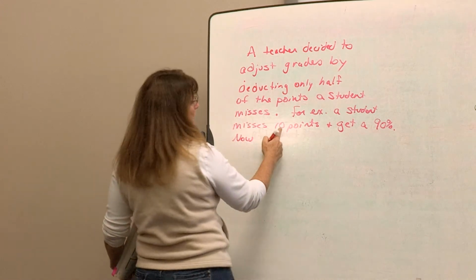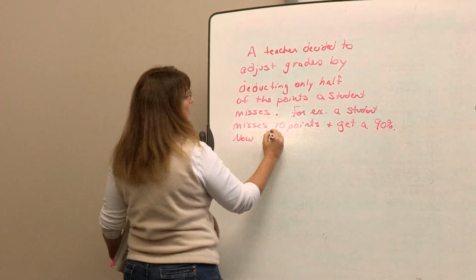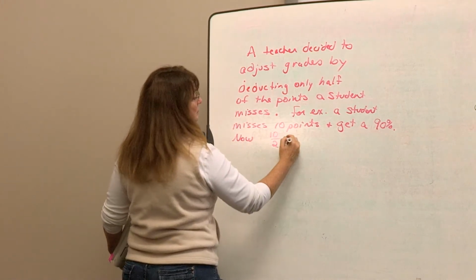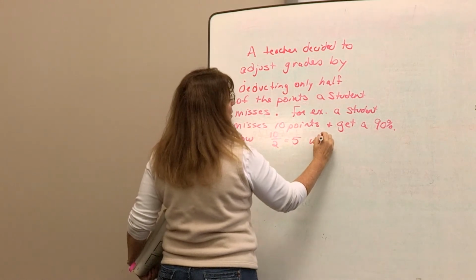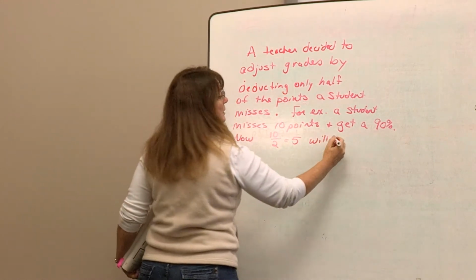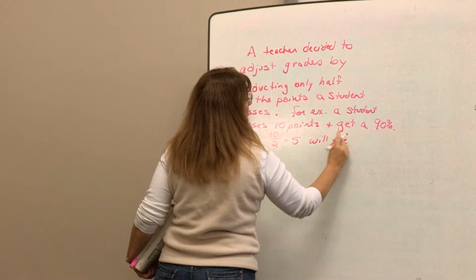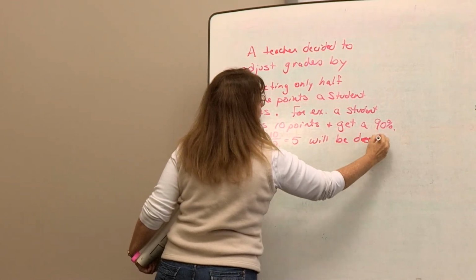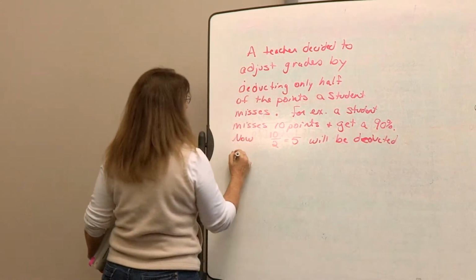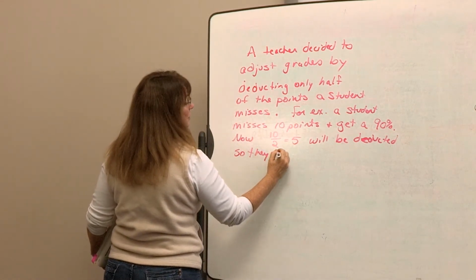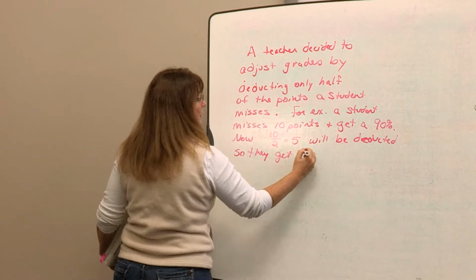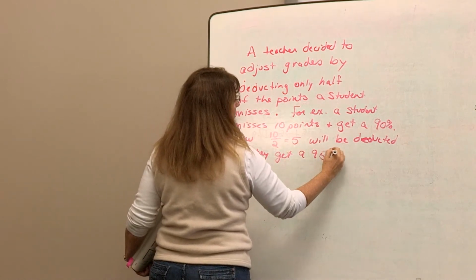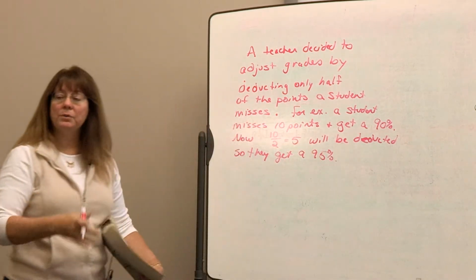Now they're going to deduct only half the points. So if they miss 10 points, only 5 are going to be deducted. So now they're going to get a 95. So you see how it's working.